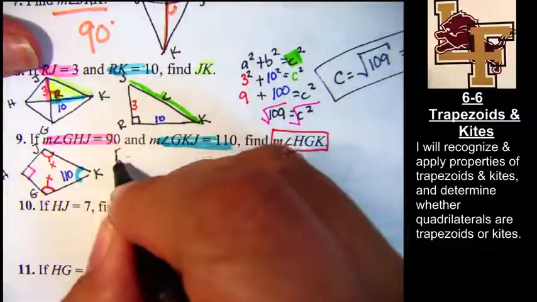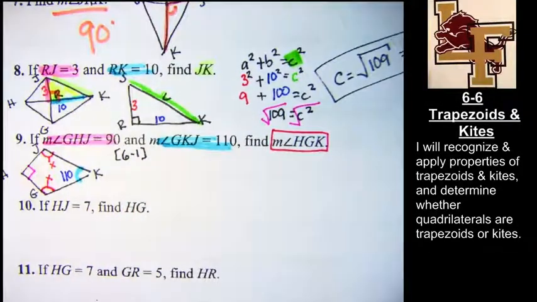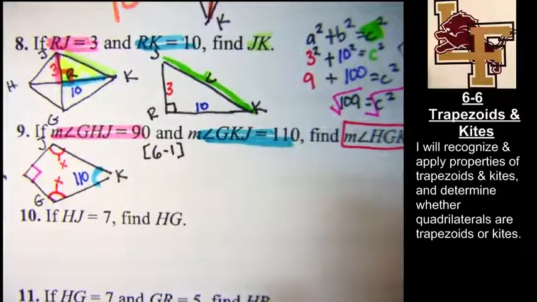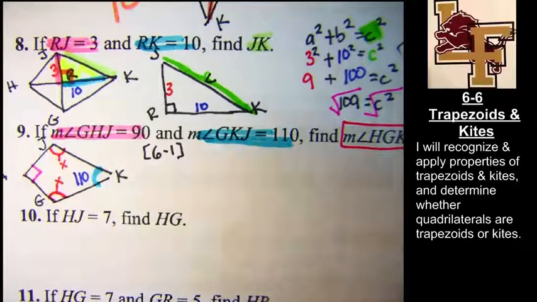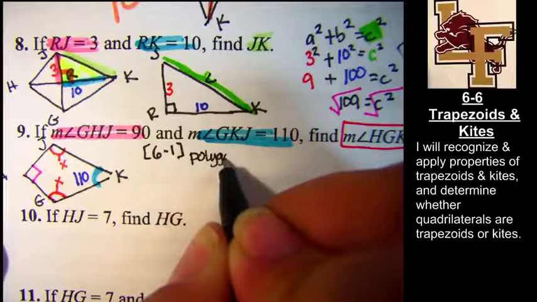Thinking back to section 6.1, which I know was a while ago, it was before Christmas, but it's part of this chapter, so I get to use it. You can go back and check the YouTube channel. I should have, hopefully, cross my fingers, the video up for that. We're going to use the polygon angle sum.